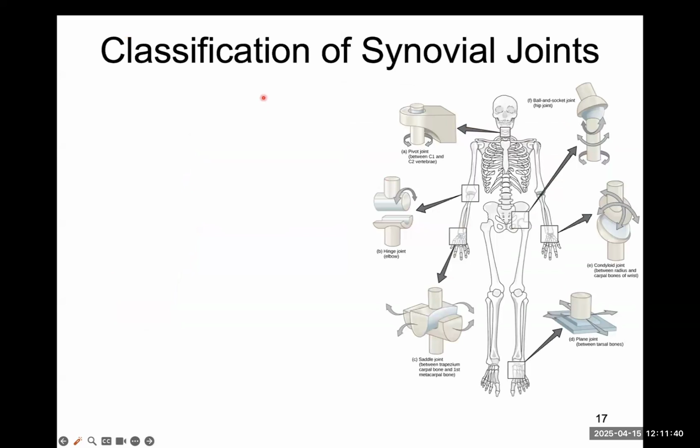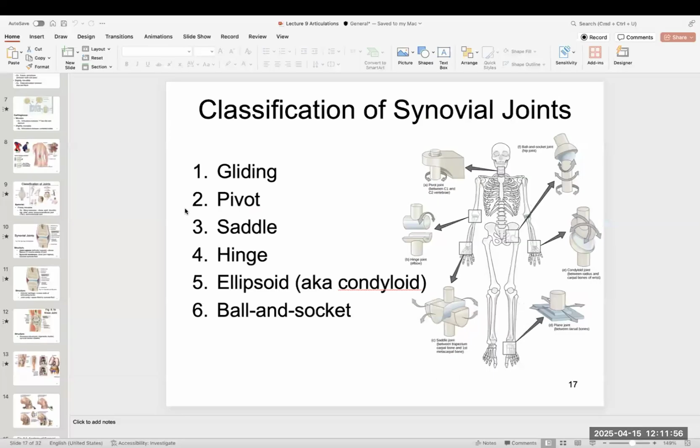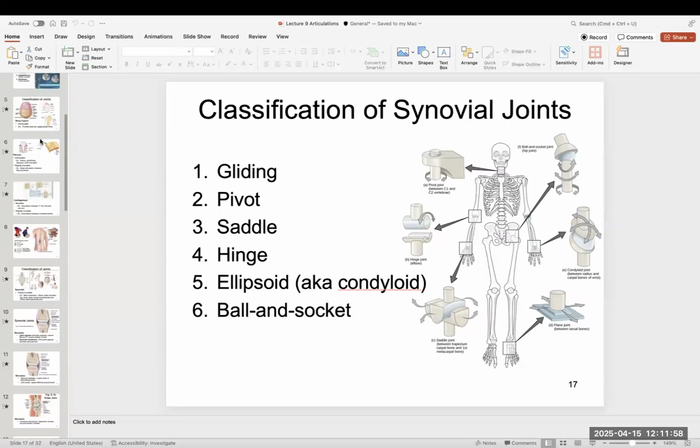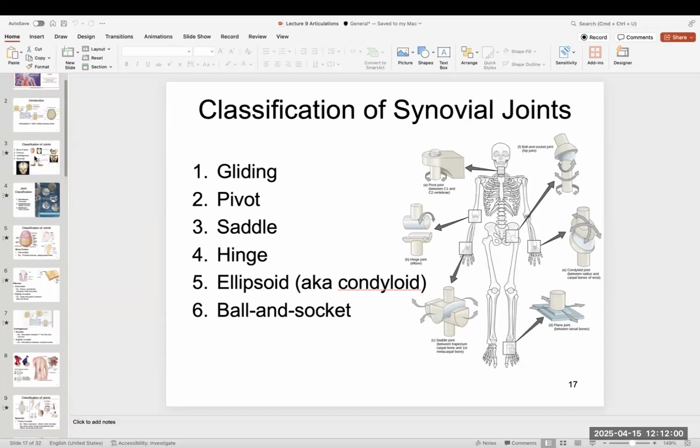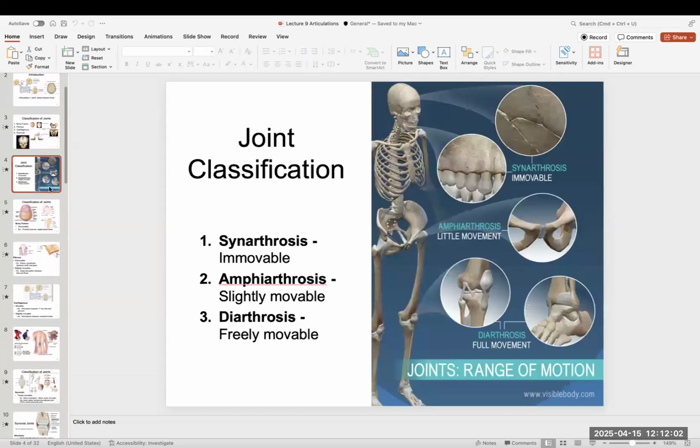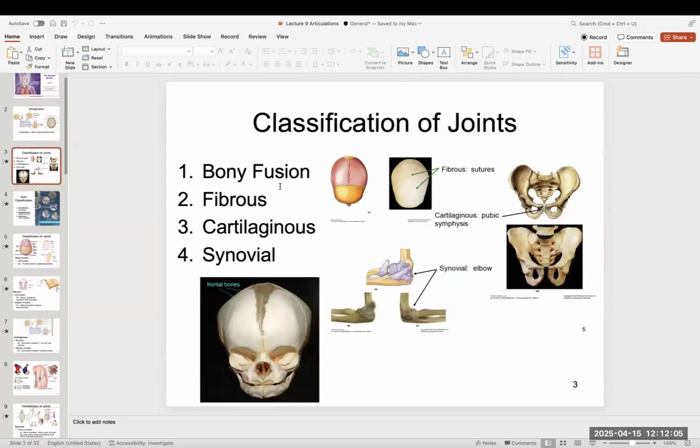Next we have the classification of synovial joints. For this you have to be very careful, because in the beginning we had the classification of all joints, and we had 4 types of joints: bony fusion, fibrous, cartilaginous, and synovial.